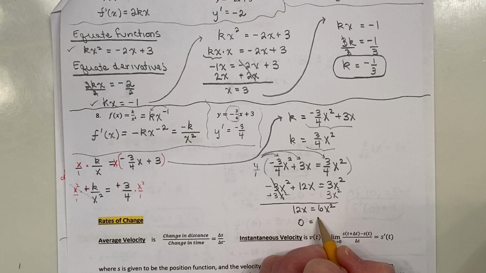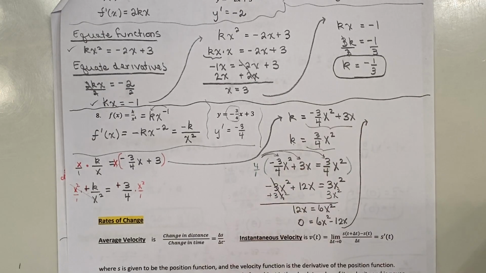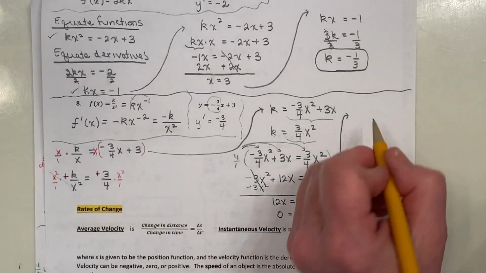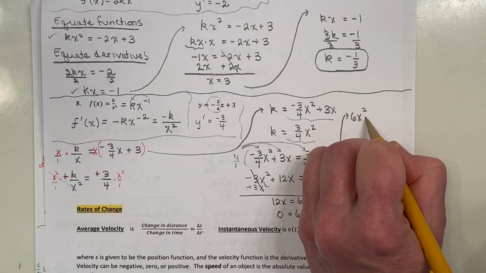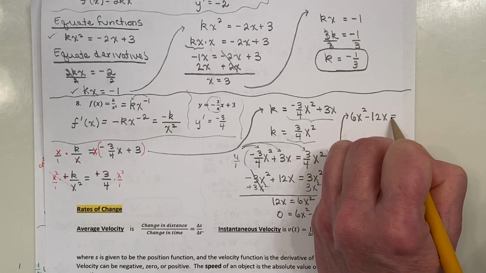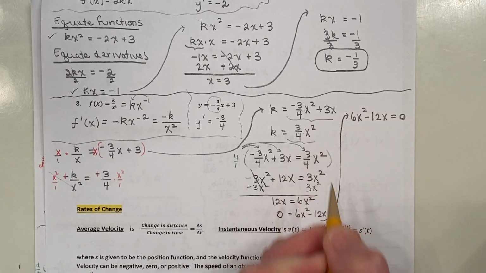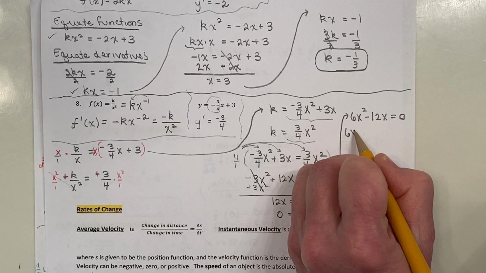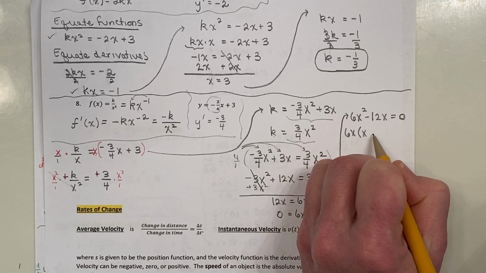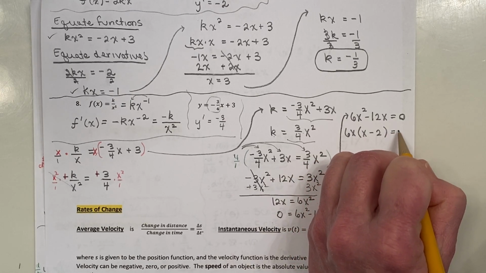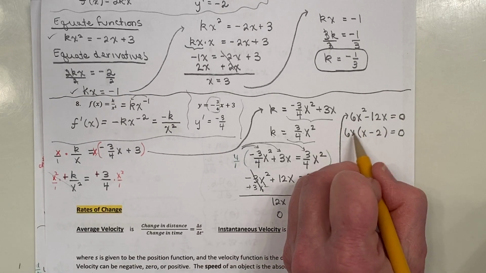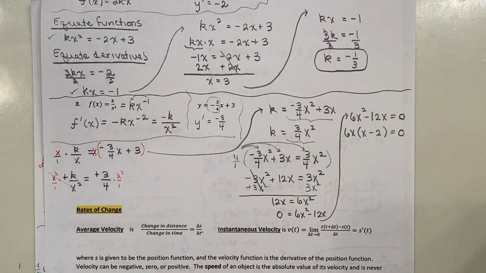So 0 equals 6x squared minus 12x. Factor out a 6x. So that'd be x minus 2 equals 0. So just double check. Yeah, that looks good.